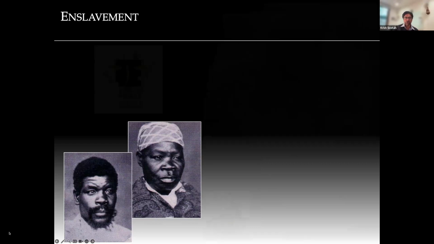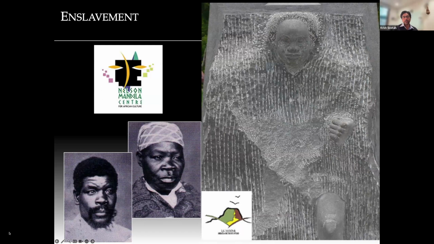Our work is focused on the site of Le Morne, which is a UNESCO World Heritage Site, as well as more recently we've looked at a likely site of burial for enslaved people in Albion. And this monument actually commemorates Marronage, which was linking both the global and local context of Mauritius to the broader setting of resistance itself.